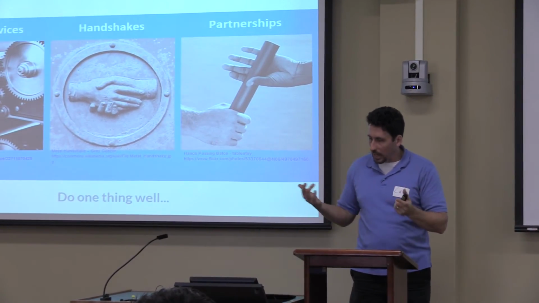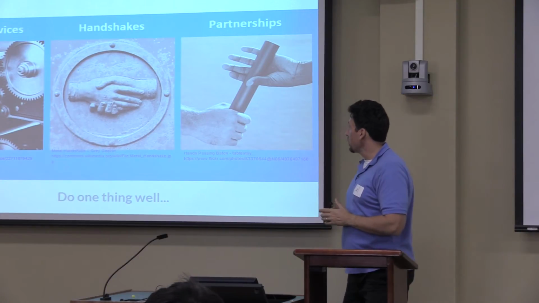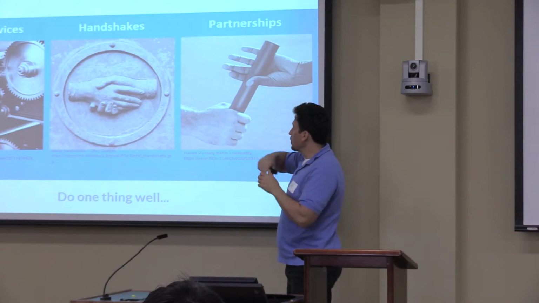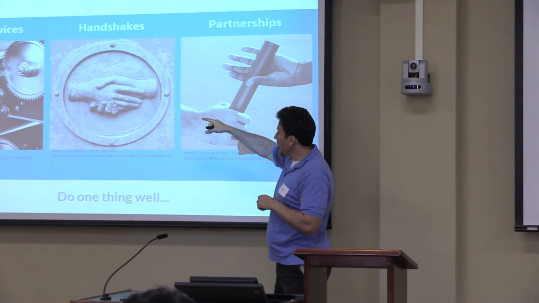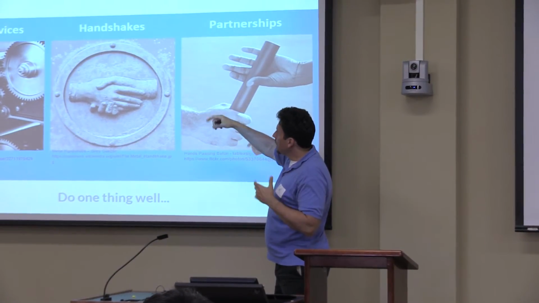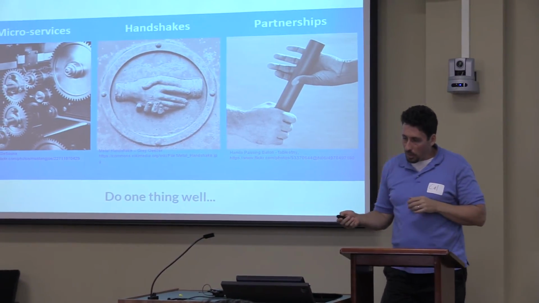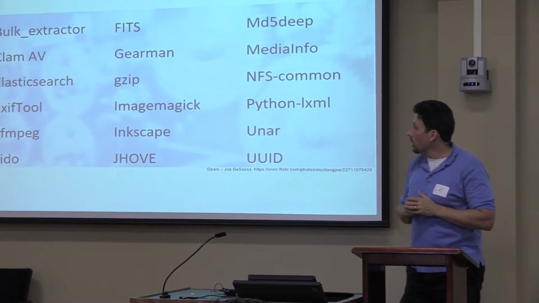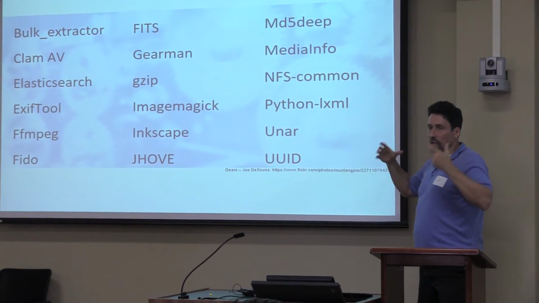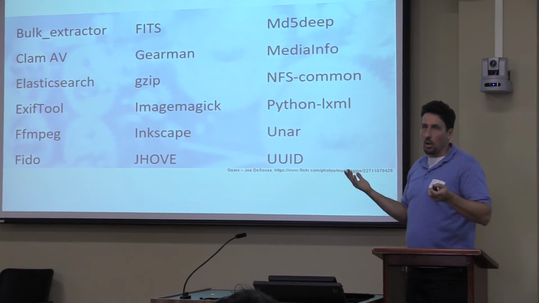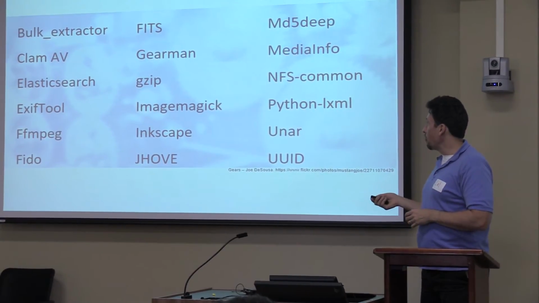These are some materials, again, courtesy of Artefactual. These are not things that I came up with. I just wanted to briefly touch on, because in talking about their design philosophy and maintenance philosophy, microservices, handshakes, and partnerships, I'm just going to talk very briefly about the microservices and handshakes part. The microservices is this idea that you have these little, relatively discrete things that need to be carried out, and you have the software that can do them, and they get invoked.